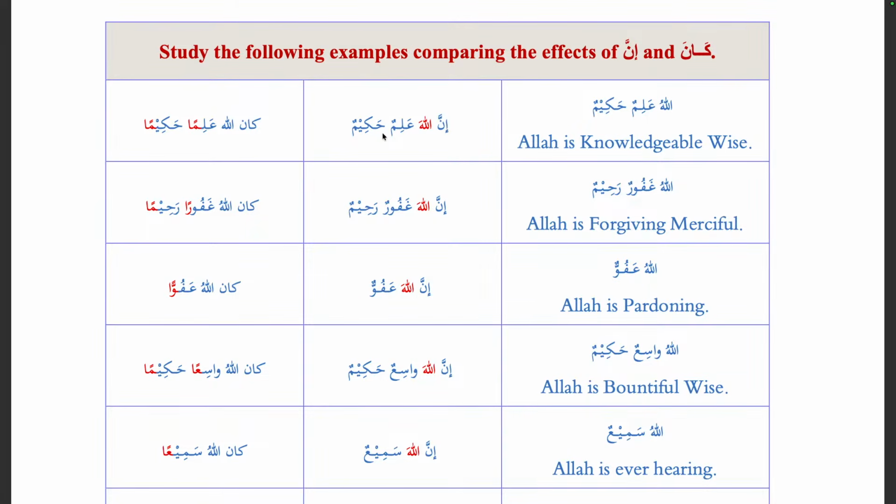Indeed, verily, surely Allah is knowledgeable, wise. Kana Allahu. If we put kana, lafzul jalala, the word Allah is going to remain dhamma. Kana Allahu aliman hakima. Allahu ghafurun rahim. Allah is forgiving, merciful. Inna Allaha ghafurun rahim. But with kana Allahu ghafuran rahima.